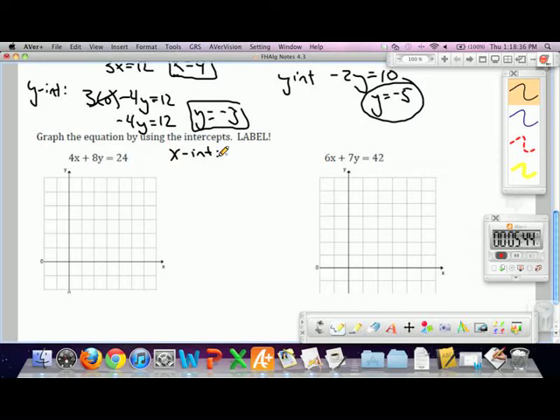So 4x equals 24. What's x equal? X equals 6. So I'll go on the x-axis and find 6. 1, 2, 3, 4, 5, 6. The coordinates of this point are: I went right 6 and up 0.